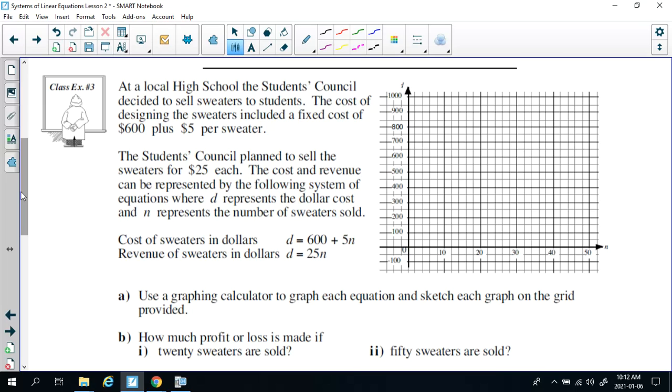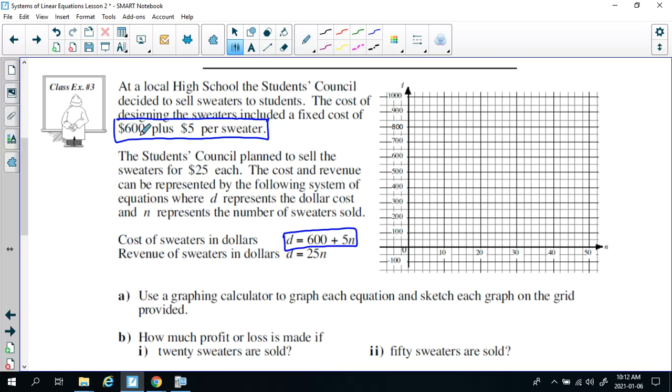Okay, so we have two equations here. So my first equation says the cost of sweaters sold in dollars is 600 plus 5N. So what this equation is doing here is it's modeling, so let's box this equation, it's modeling this statement. So it's saying how much does it cost to actually make these sweaters?